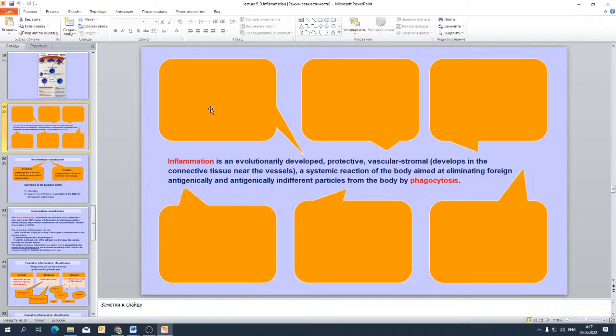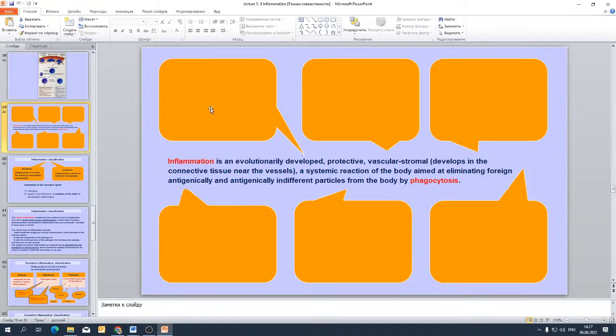What is it? Why do we need to say about it? Then the next word, protective. Then vascular stromal, and we have discussed antigenically different and indifferent particles, and phagocytosis, important words.